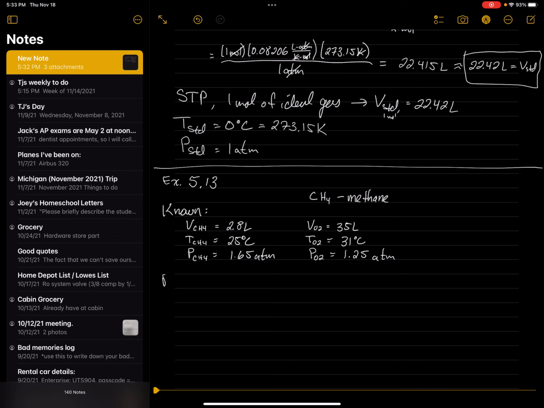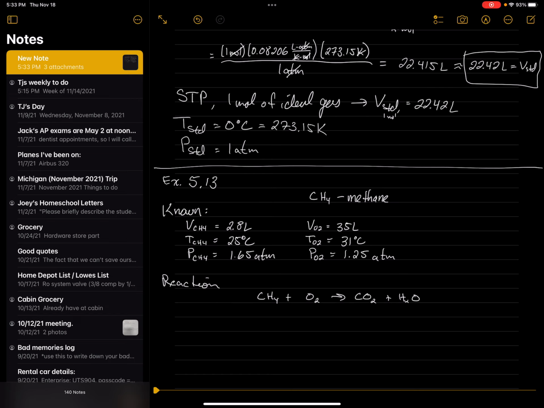Okay, now there's also a reaction involved, and the reaction is a combustion reaction. So we have methane, CH4, plus oxygen, O2, and this reacts to form products of combustion, CO2 and water, H2O. Okay?